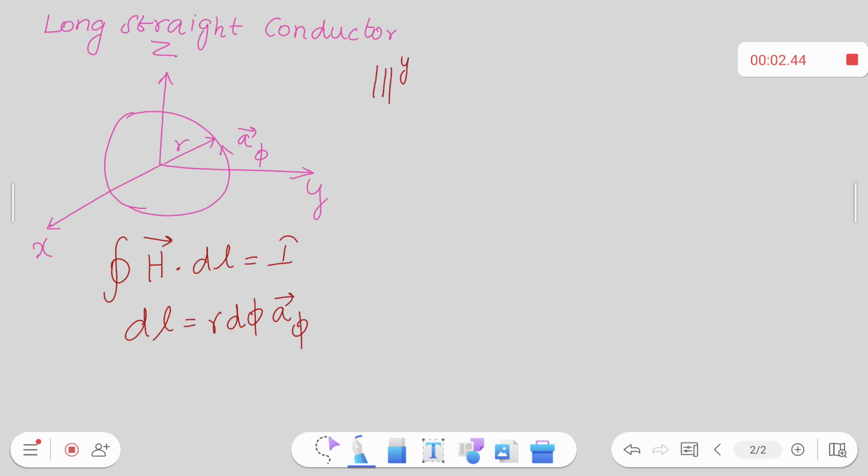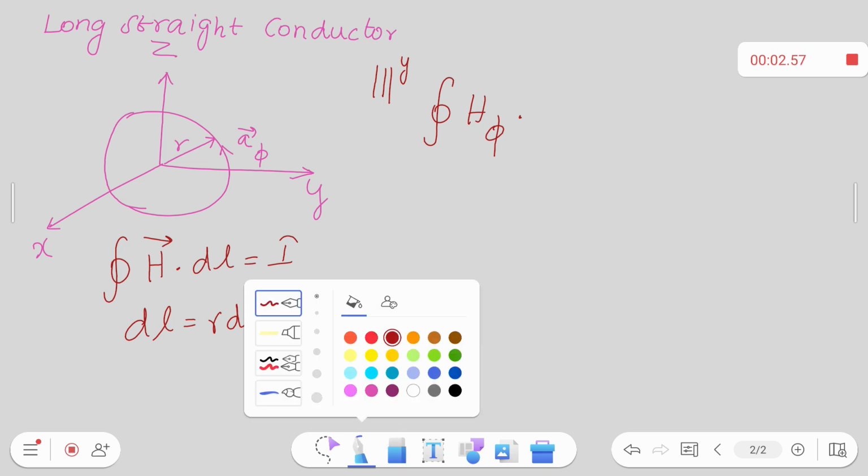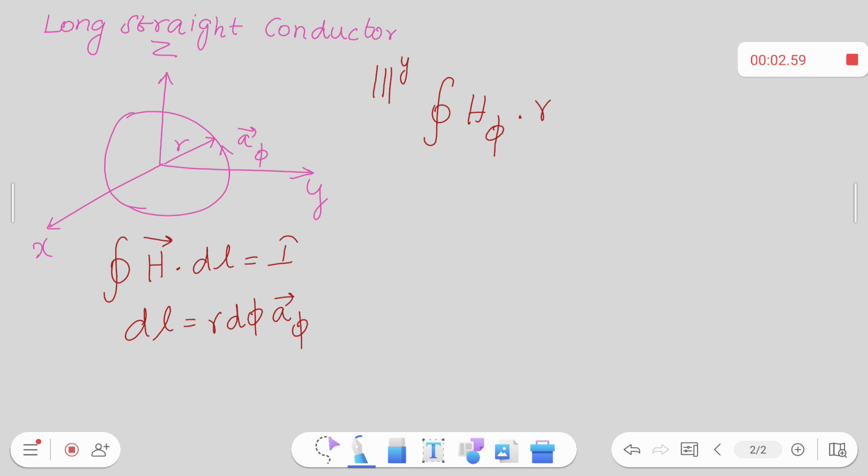Similarly, my magnetic field intensity along the phi direction can be calculated using this concept, H phi, into r d phi.